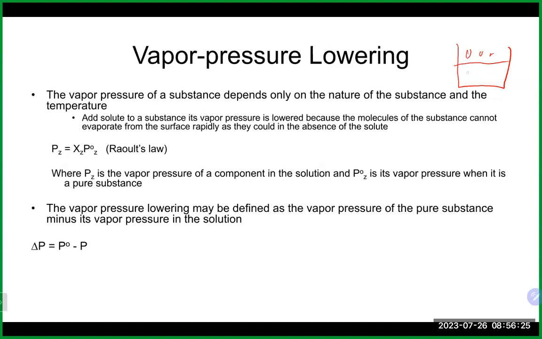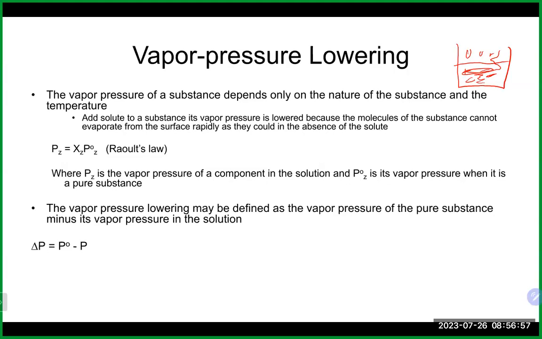By dissolving something in here, whether an ionic compound or some other substance, it makes it a lot harder for molecules to escape the liquid phase at the surface. That results in a lower vapor pressure because fewer molecules escape into the gas phase, so we'll have fewer gas molecules above the liquid.